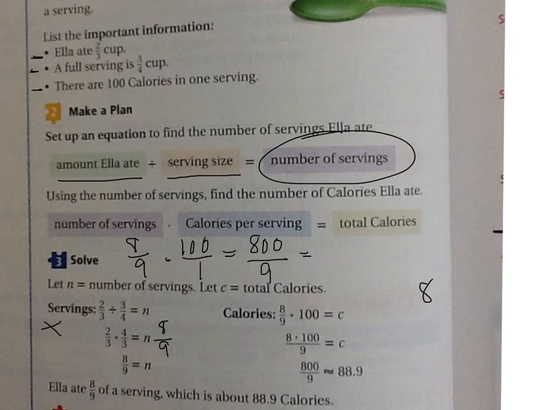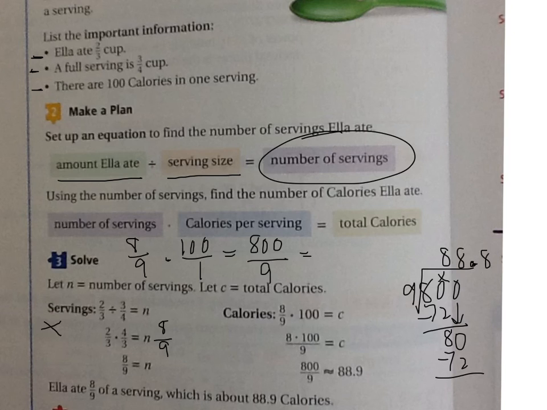So if you did this as a division problem, you're going to place your first digit. 9 times 8 is 72. Subtract. Bring down. What's happening? It's 8 repeating, so it would be 0.8 repeating. So that will equal the number of calories that Ella is eating.